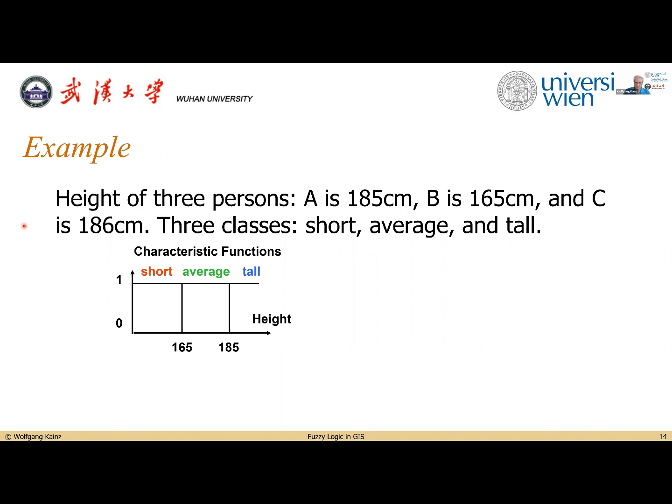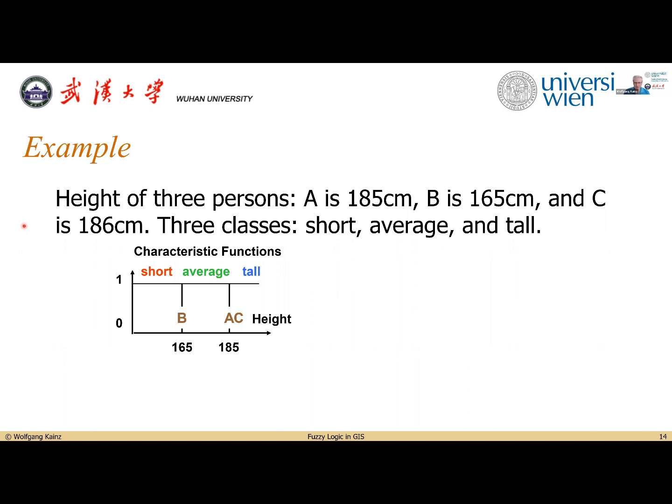So when we now take our 3 persons, we see that A is exactly at the boundary, and B is at the boundary, and C is just 1 centimeter taller than A. So what we would do here is we would say, okay, C falls into the tall class, A might fall into the average class.